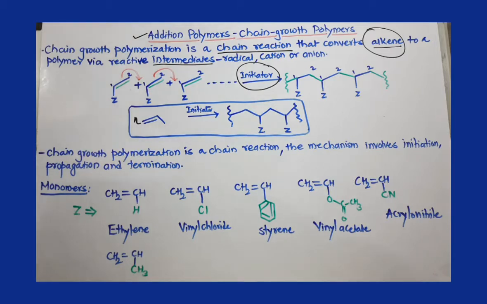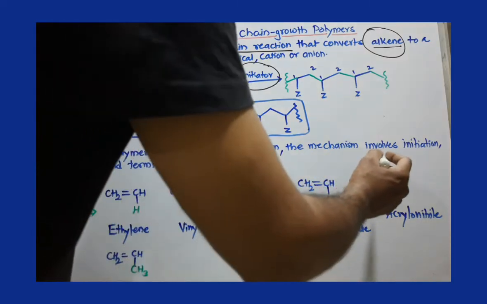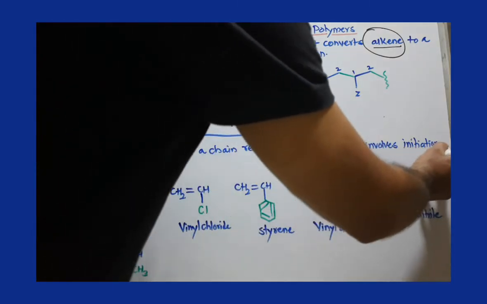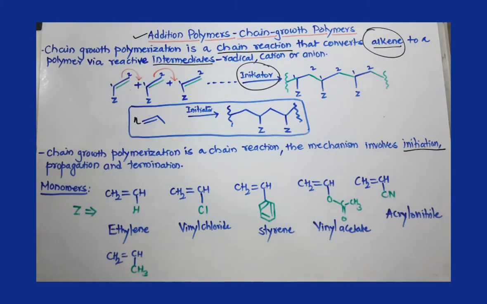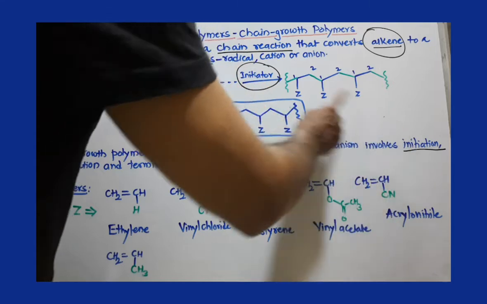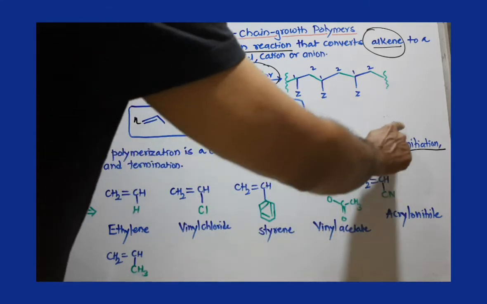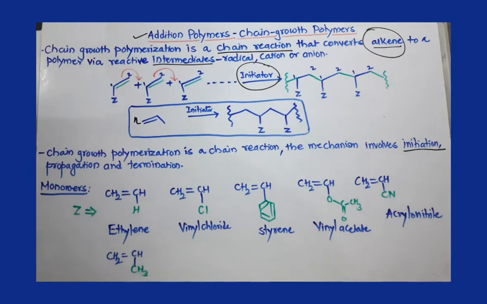Now we can add a little more information regarding addition polymerization. That is because this involves 3 steps. If you look at the mechanism of this reaction, we have 3 steps. The initiator starts this reaction and we call it initiation.